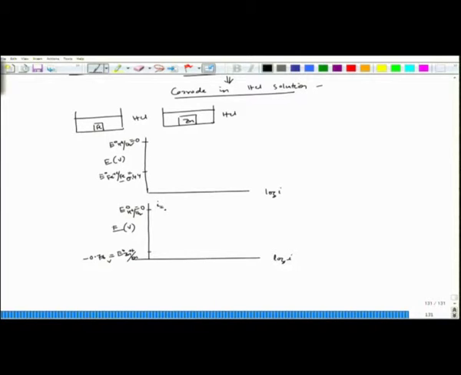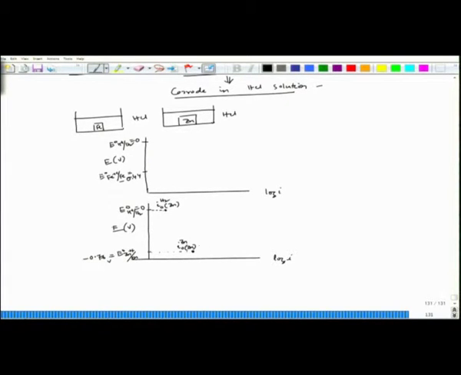I0 of H2, the exchange current density of the hydrogen reaction on the zinc surface, is here, and then I0 of zinc on the zinc surface at this point.